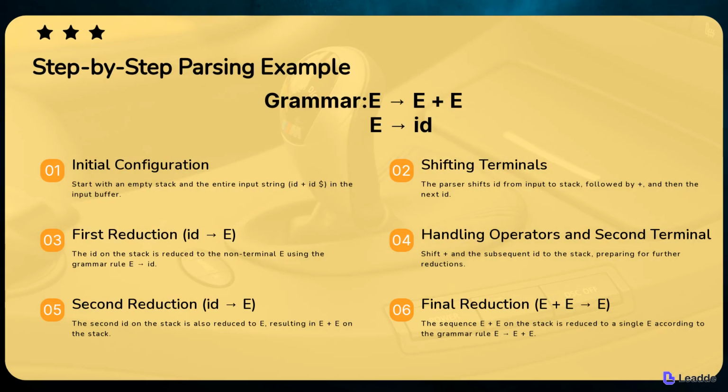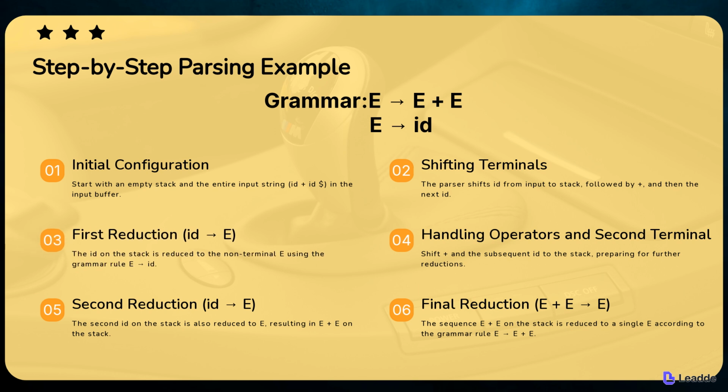The initial configuration begins with an empty stack and the entire input string, ID plus ID $, in the input buffer. First, the parser shifts terminals, moving ID from the input to the stack, followed by the plus symbol, and then the next ID. A first reduction then occurs. The ID on the stack is reduced to the non-terminal E using the grammar rule E derives from ID.